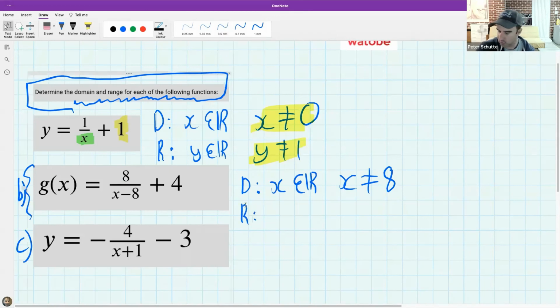Now, what is the range going to be for the function g, the hyperbola g? So the range is going to be y is any real number, but y cannot be equal to the asymptote, and the asymptote would have been 4.